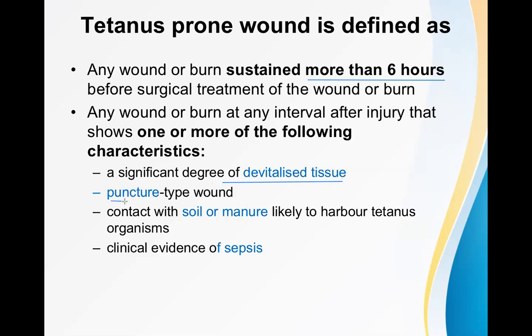Puncture-type wounds have a very high risk, because these wounds are very deep inside. Contact with soil or manure likely to harbor tetanus organisms, and clinical evidence of sepsis in that wound already. So these are high-risk wounds which can develop into tetanus.